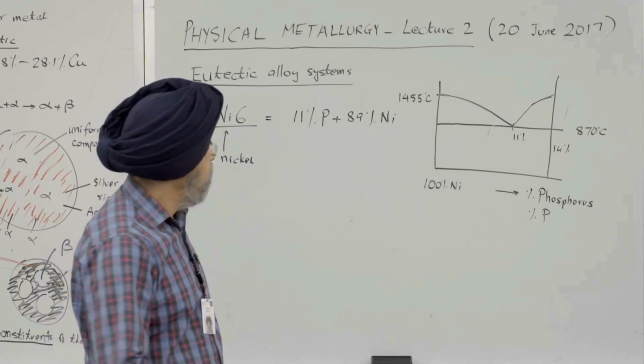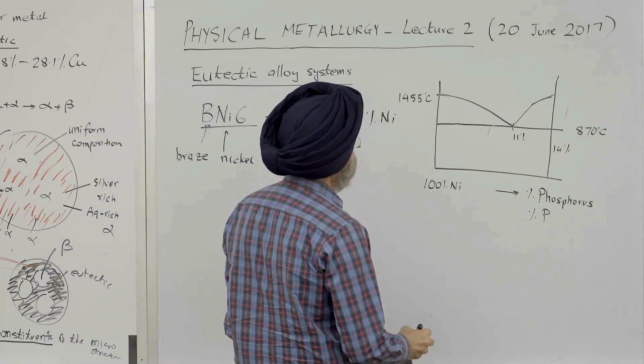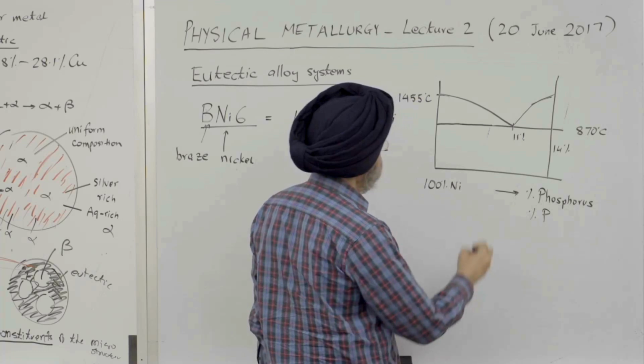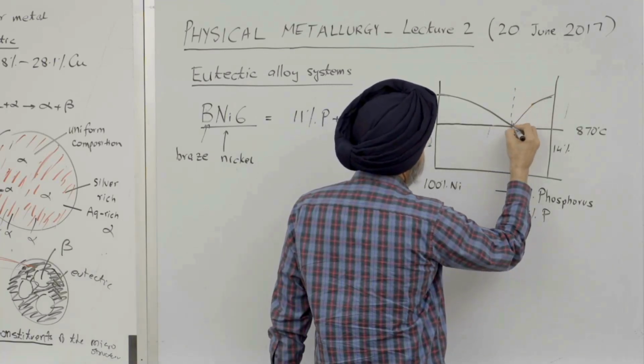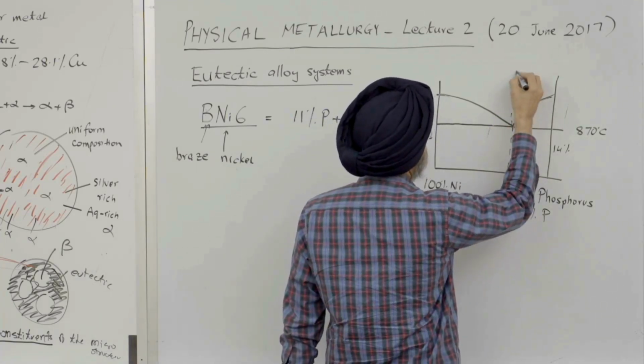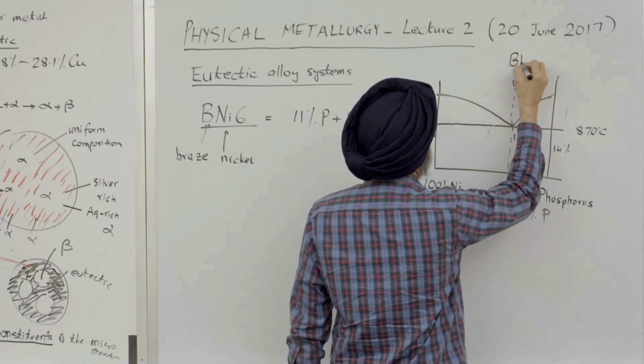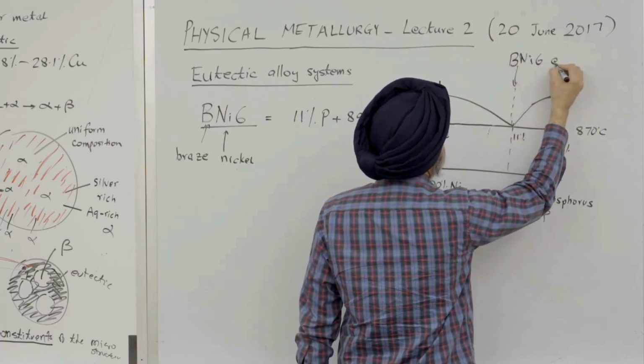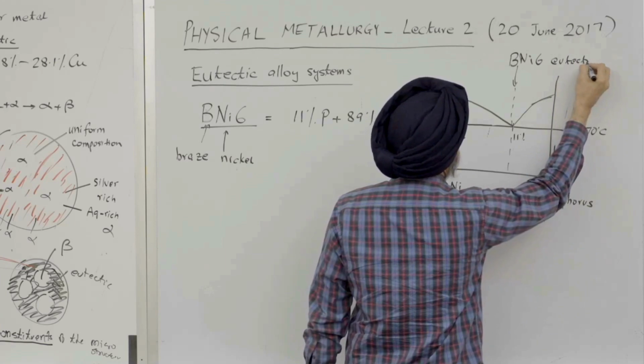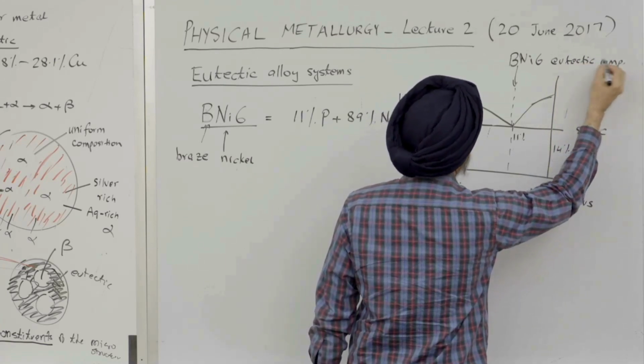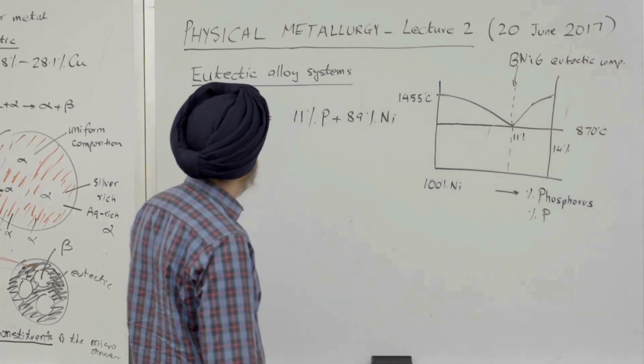Okay, so this is what the phase diagram looks like. And this composition is the BNi-6 eutectic composition. So this is our braze filler metal we use.